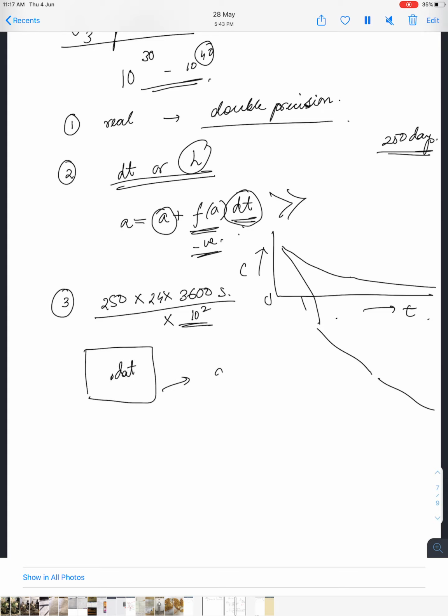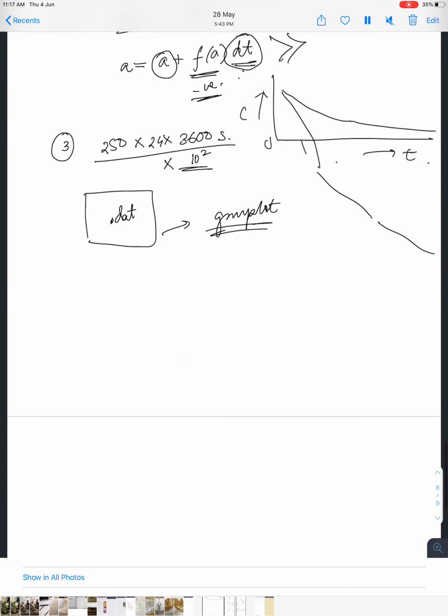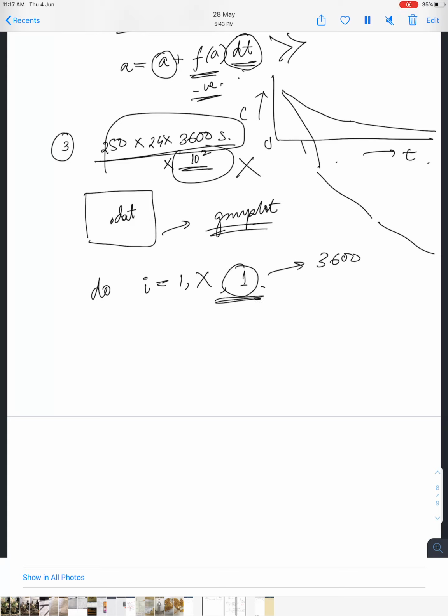So in your .dat file, if you are going to save all this data, what happens is when we try to load it into GNUplot, your system crashes or hangs up, right? What many of you have done, when you have said do i equals 1 to these many, you have written h as 3600. That is a problem.